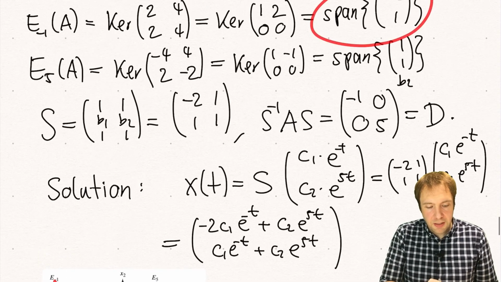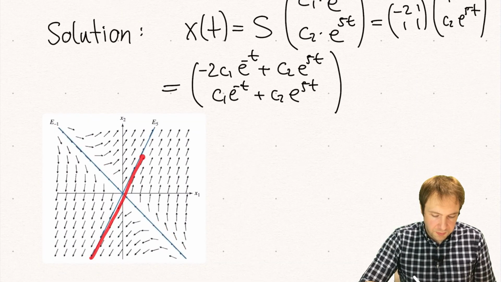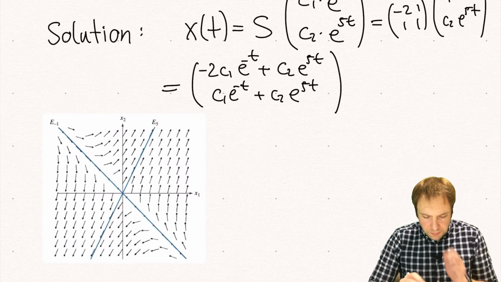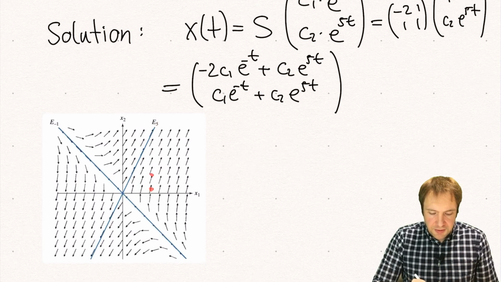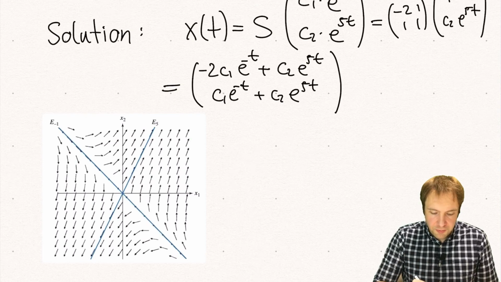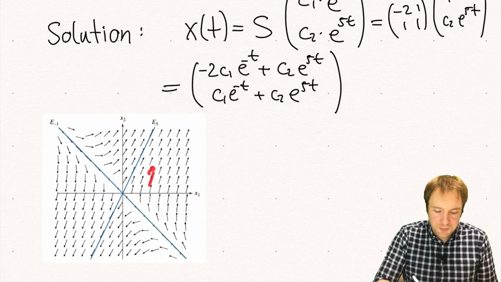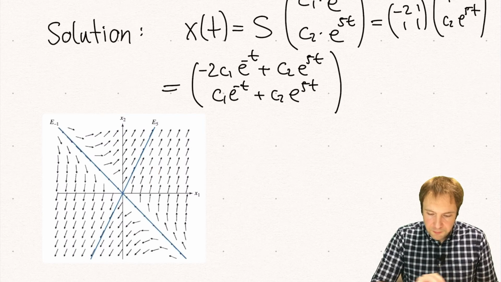And for the eigenvalue 5, the span was the vector 1, 1, which you see here. And what these arrows indicate is that at each point, as I did before, they show the direction. So to get this direction here, I look at this point. This is a vector, and I can multiply with the matrix A. This gives me this direction vector here.